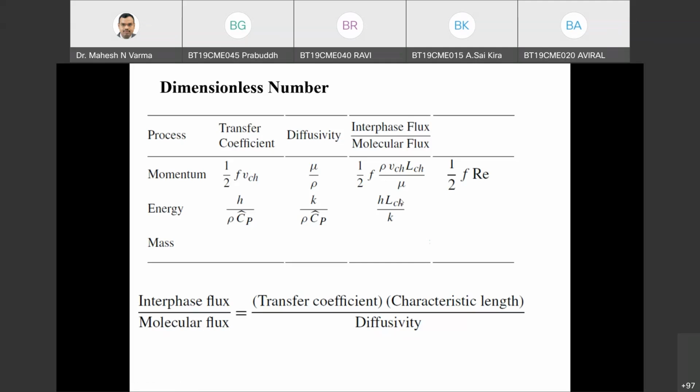So this is hL by k, which is nothing but the Nusselt number. Similarly, in mass transfer, the transfer coefficient is Kc and diffusivity is D_AB, so the ratio of interface flux to molecular flux will be Kc into L_CH divided by D_AB. This is called the Nusselt number for mass transfer, or Sherwood number.